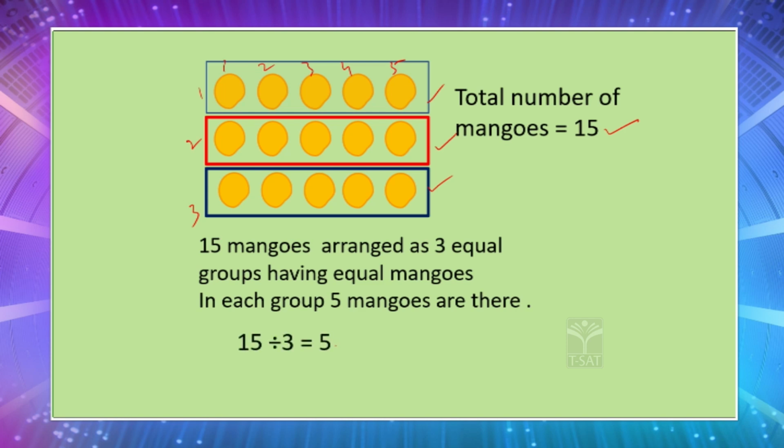So 15 divided by 3 means 15 mangoes regrouped as smaller groups. Each group contains 5 mangoes. So that can be written as 15 divided by 3, that means 15 mangoes divided into 3 smaller groups. So in each group they have 5 mangoes, right?